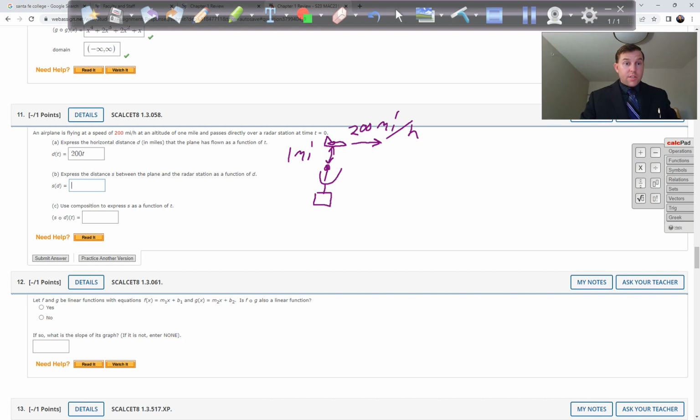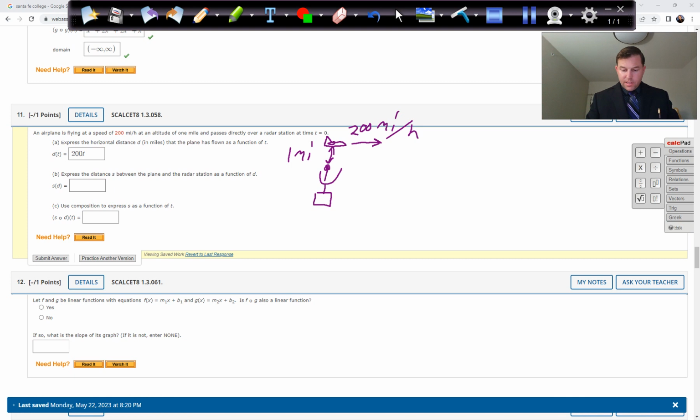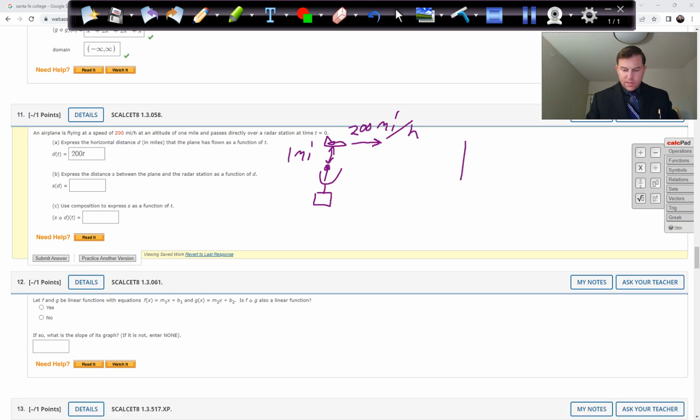Okay, express the distance between the plane and the radar station as a function of d. So this one's a little more interesting. So as this airplane gets further away from the radar station, this is going to form a right triangle. So here's the radar station. Now the airplane is over here.